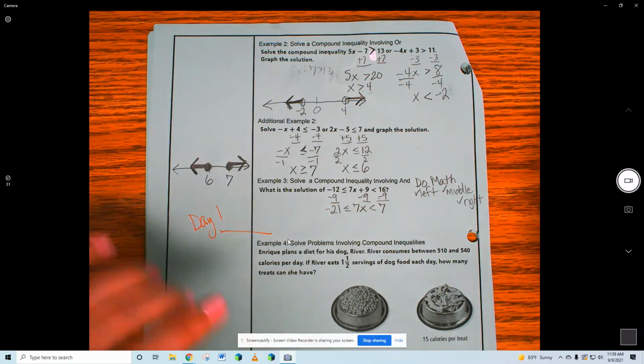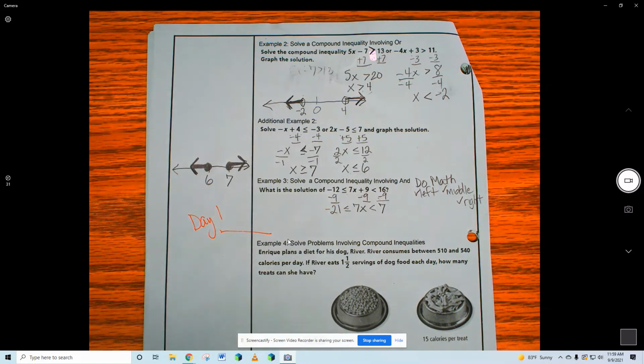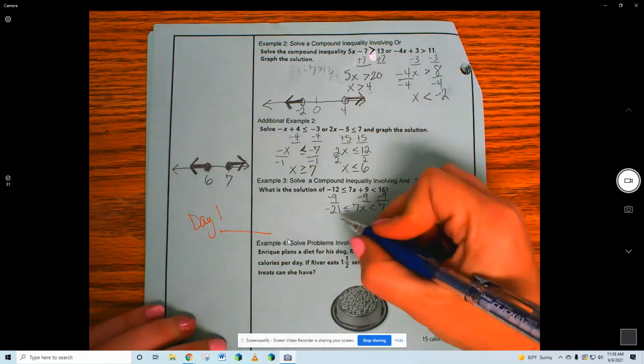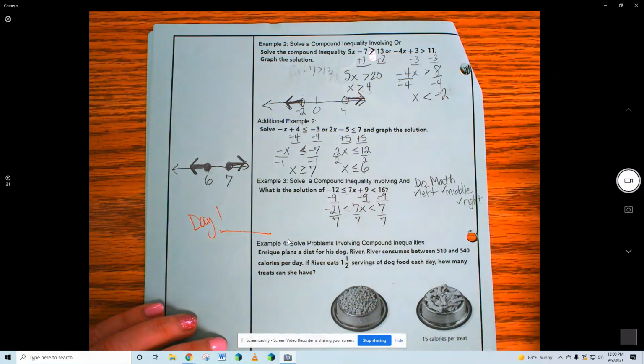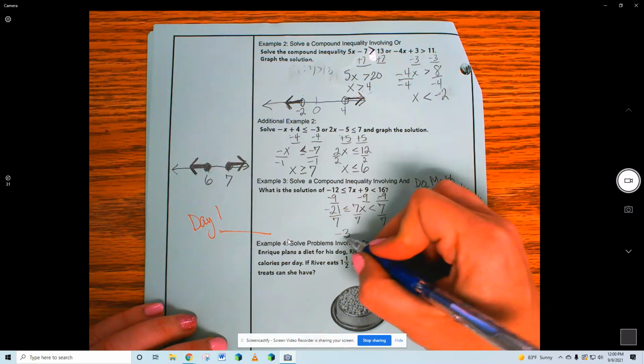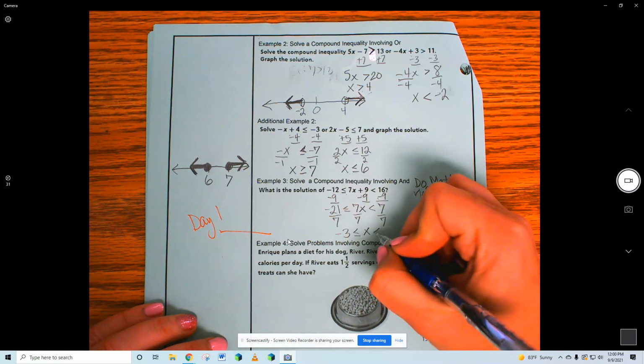Okay, last step. What would I do? Yes, the 7 needs to get out of there. The x needs to be isolated. The whole goal is to get x alone. All right. Negative 3 is less than or equal to x is less than 1.